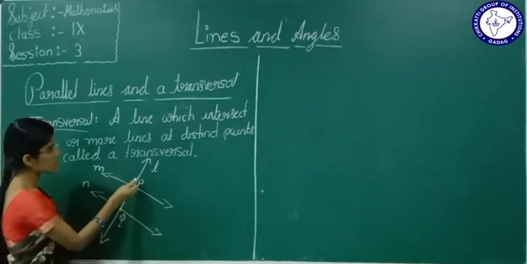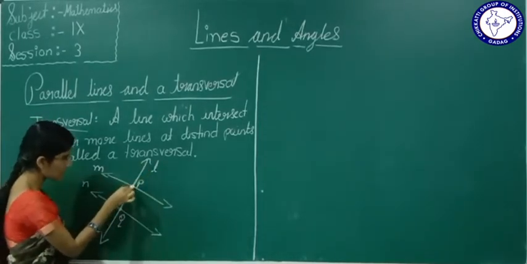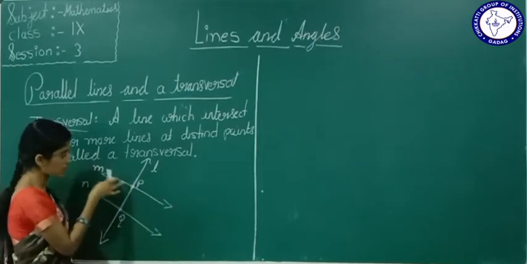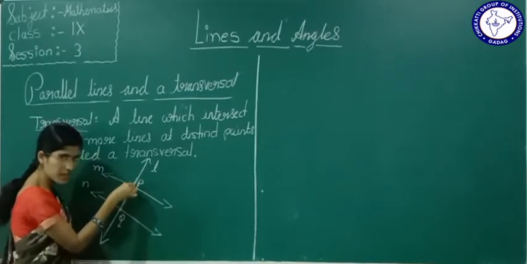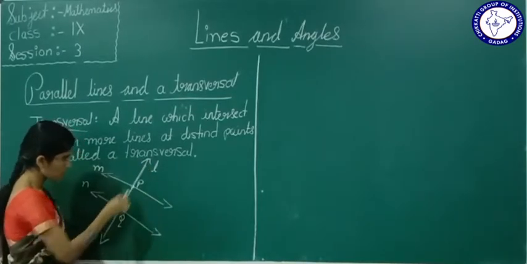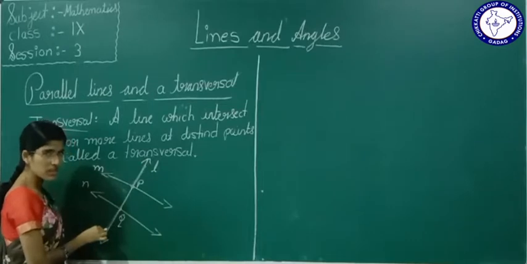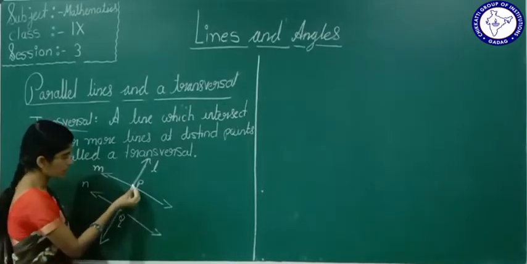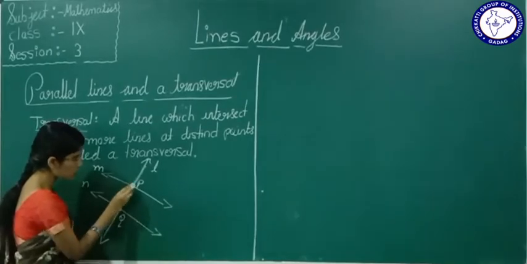So what is this transversal? This line L intersects line M at point P, and the same line L intersects line N at Q. It intersects at two distinct points.